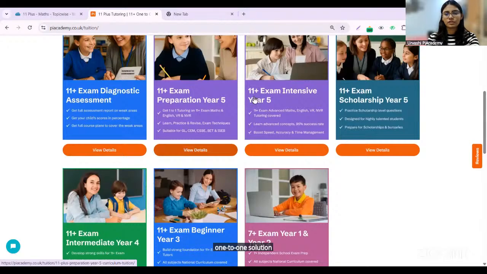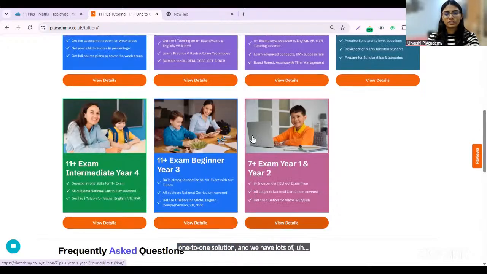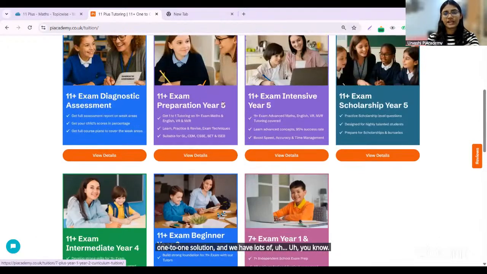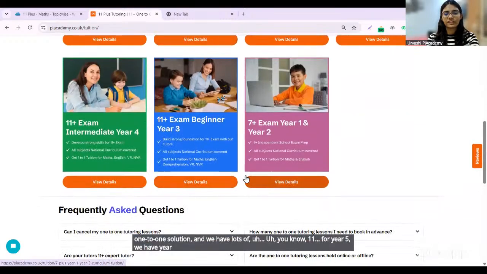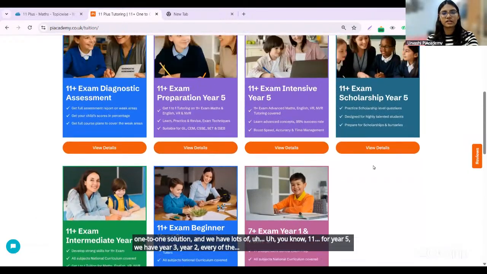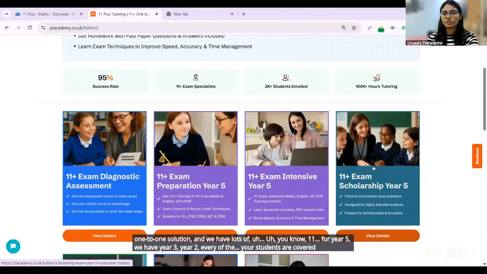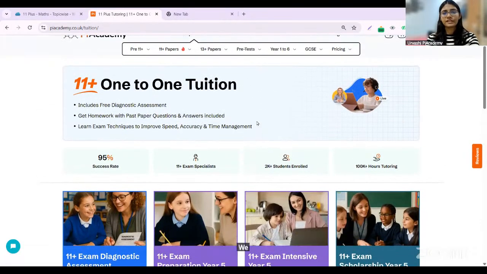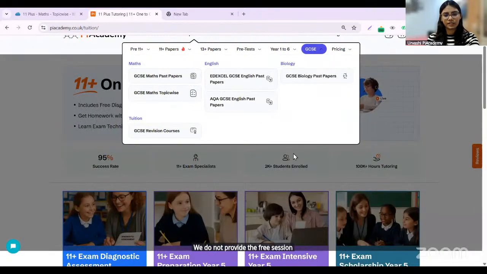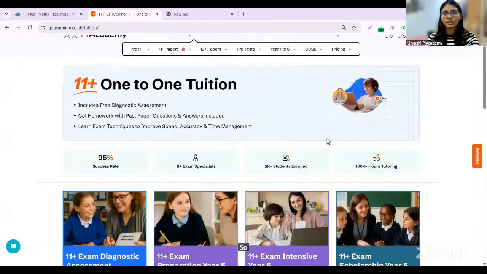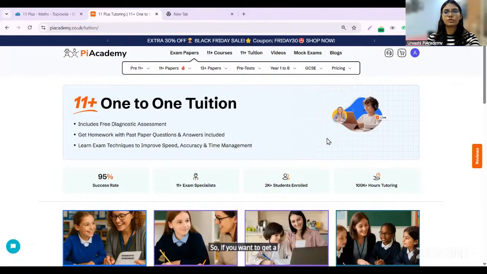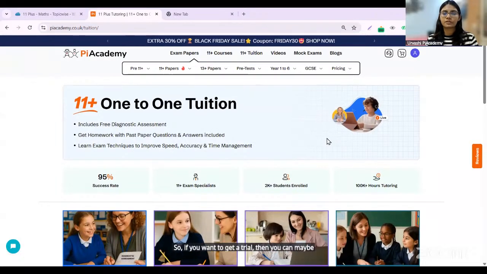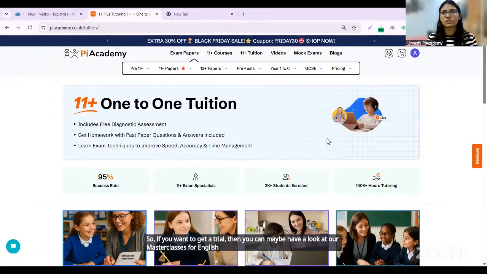We have year 5, year 3, year 2, every year of students is covered in our one-to-one tuition, so you can choose as per your requirement. We do not provide a free session for one-to-one tuition. So if you want to get a trial, then you can have a look at our master classes for English that we will run in maybe the next 15-20 days.